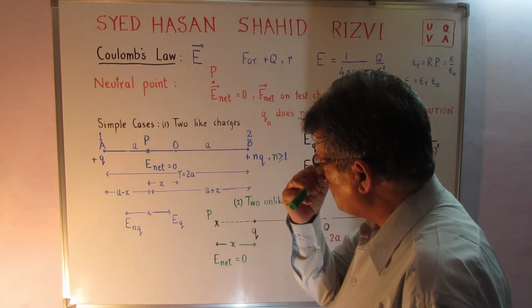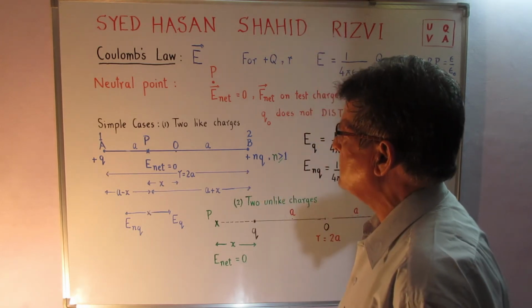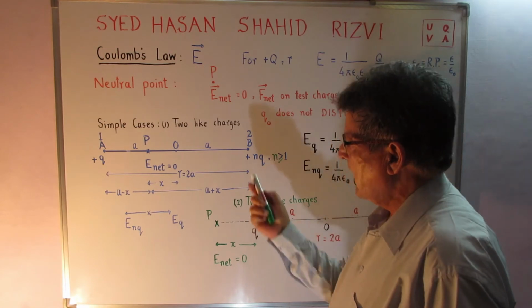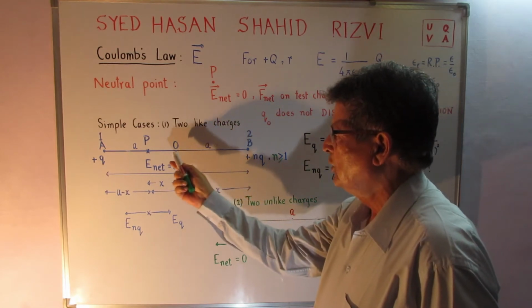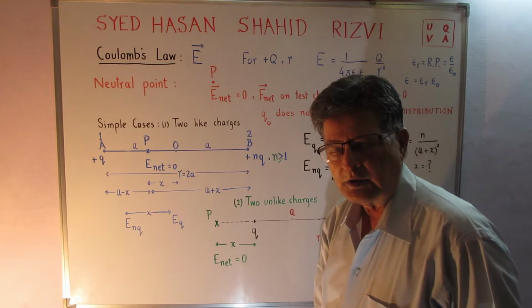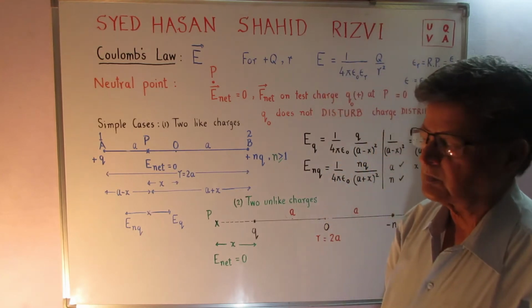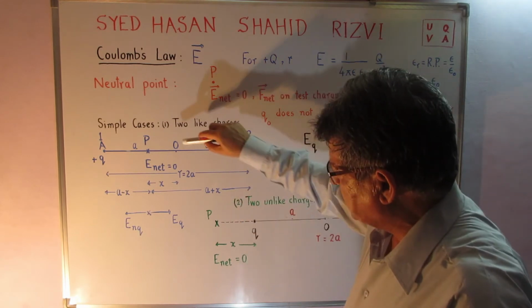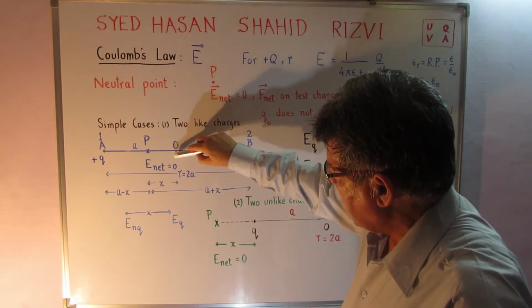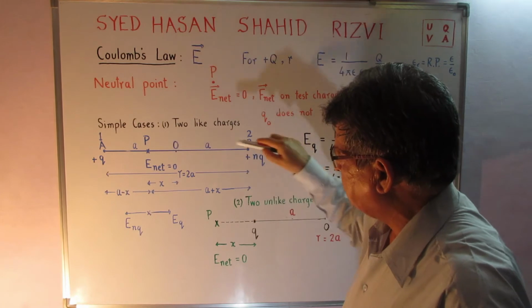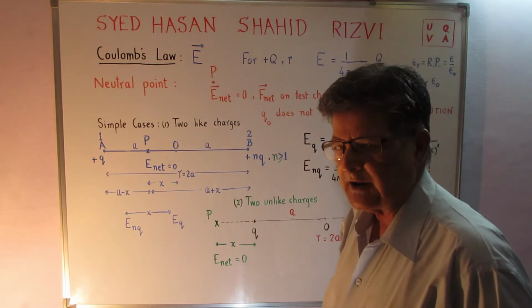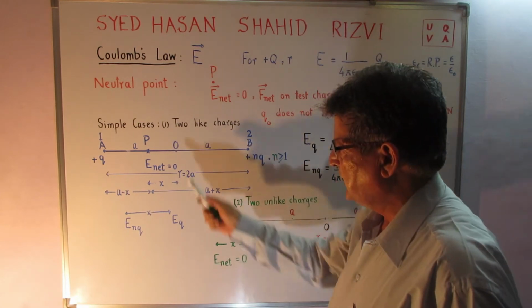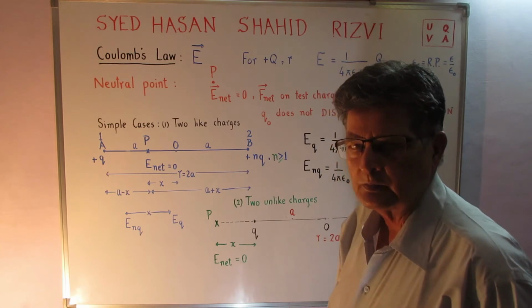So if we want to convert imbalance into balance, we will have to shift our position towards the other charge. So ultimately what happens is that at the point O, midway between the two charges, I will get a situation in which the net field will be equal to 0.